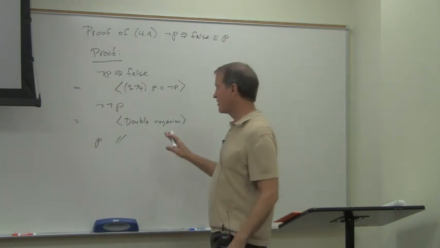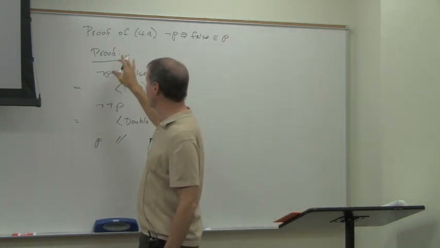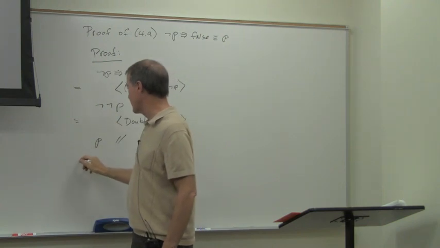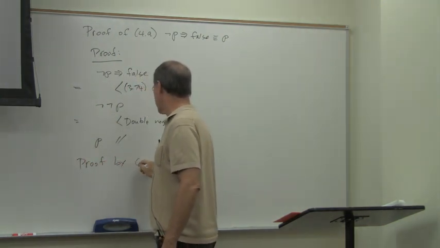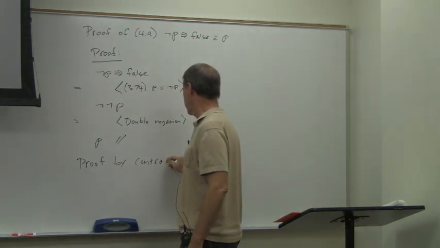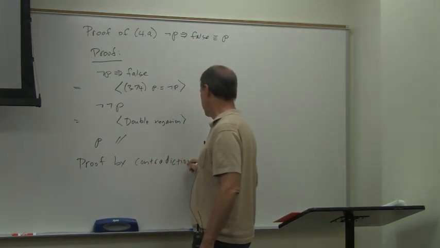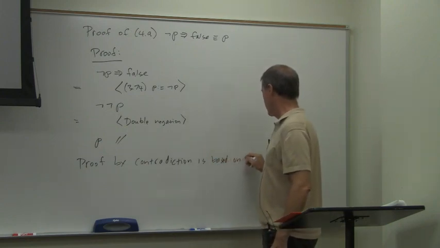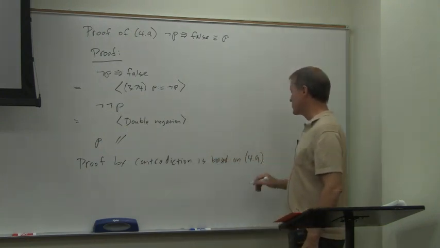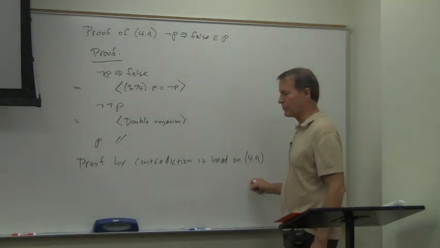All right, so proof by contradiction is based on 4.9. Actually, this one is a really important proof in computer science.